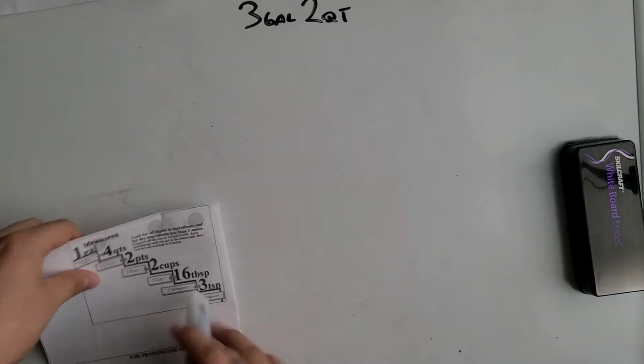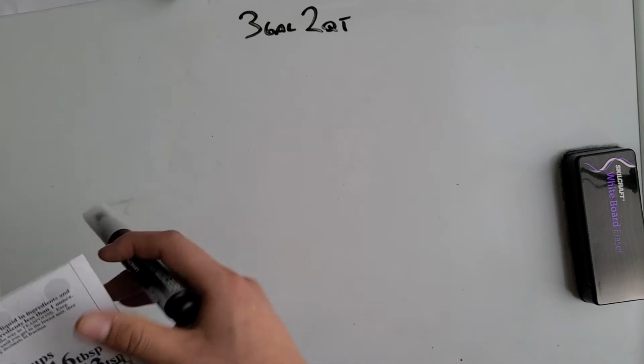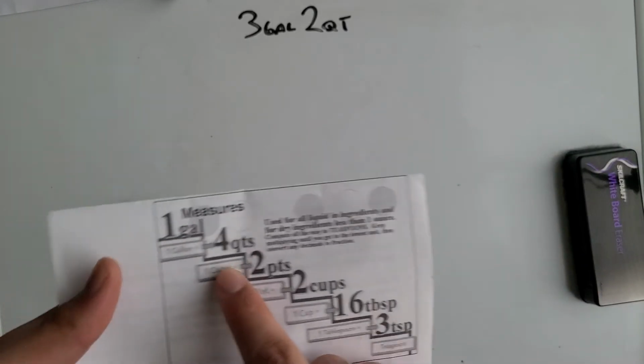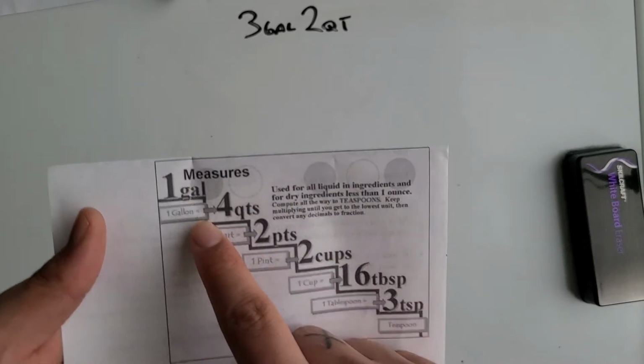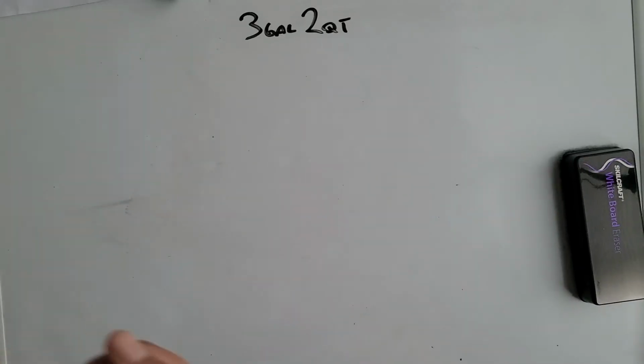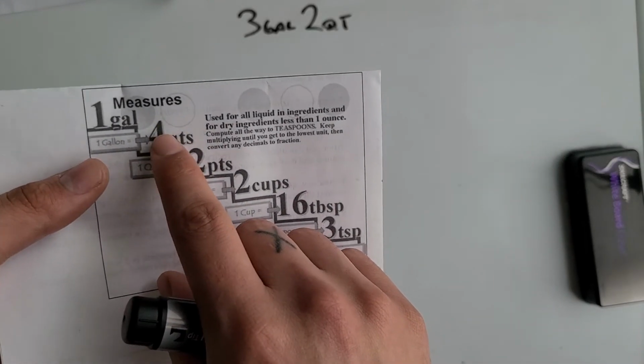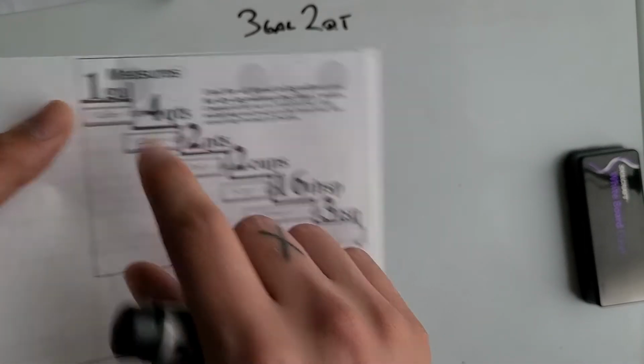So again, we're trying to convert this 2 quarts into gallons. When we're going back up, you have to divide. So we're at quarts and we want to get to gallons. You divide your 2 quarts by the 4 quarts in order to convert it into gallons.